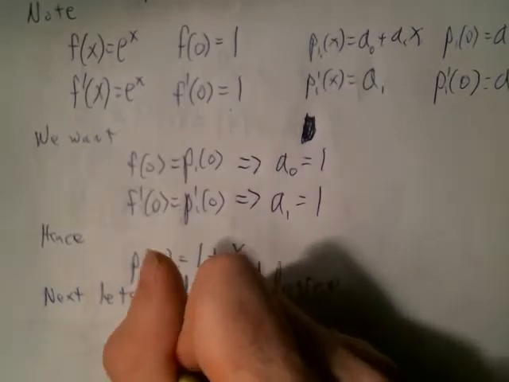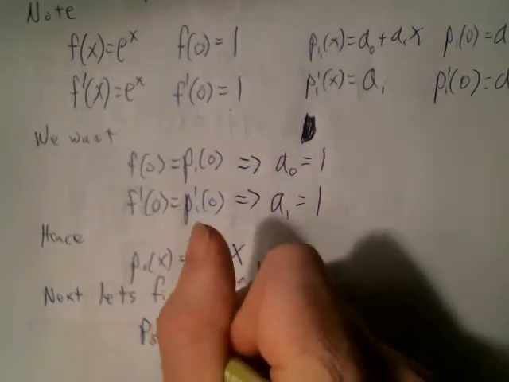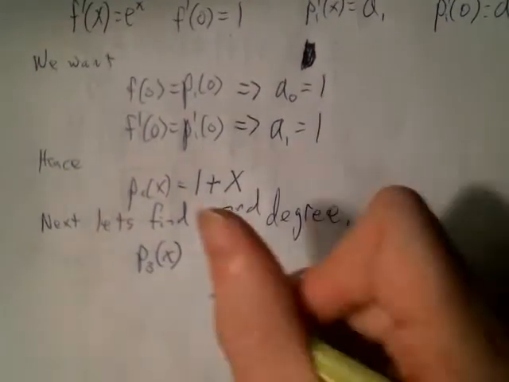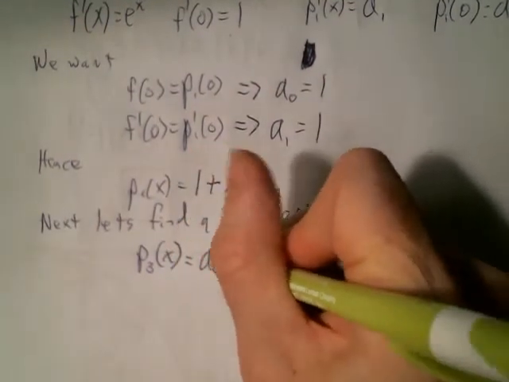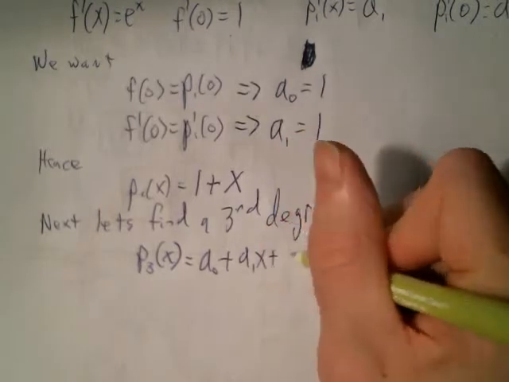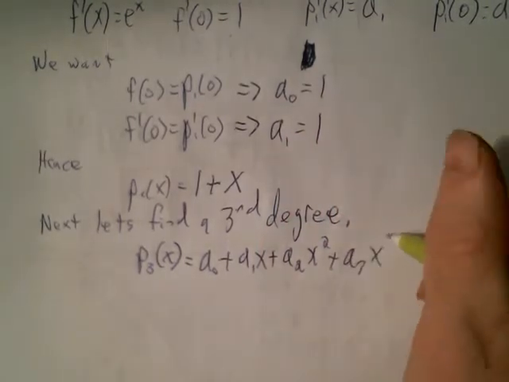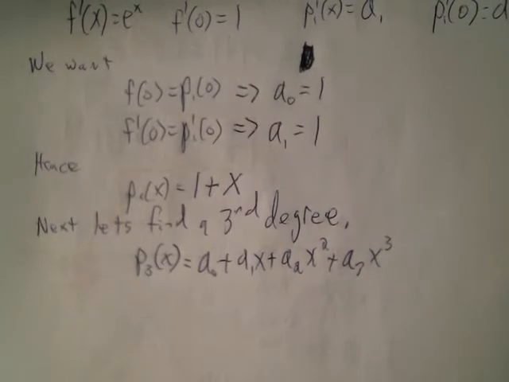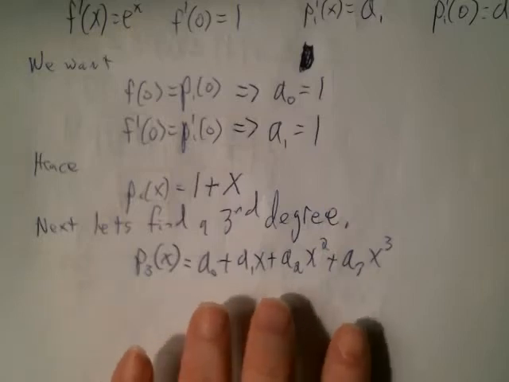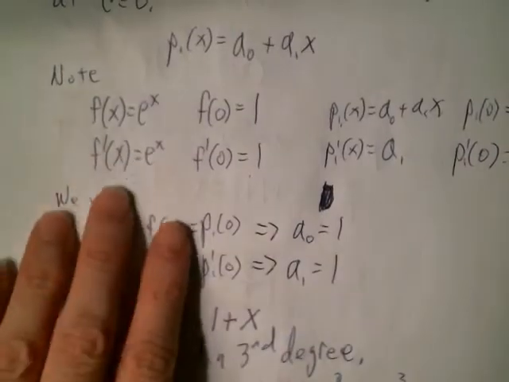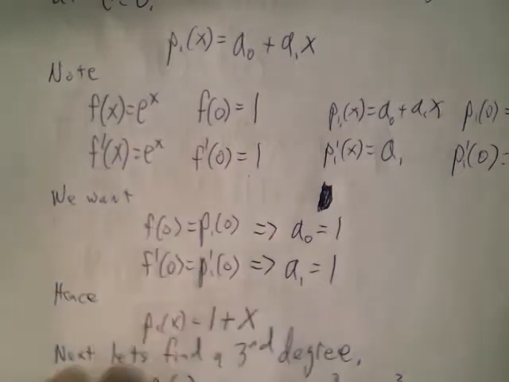The form of this, which we'll call p sub 3 of x, is going to be a sub 0 plus a sub 1x plus a sub 2x squared plus a sub 3 x cubed. And from this example, I'm hoping to find a general methodology that will give me any approximation, so long as I know the function and its derivatives and what it evaluates to.